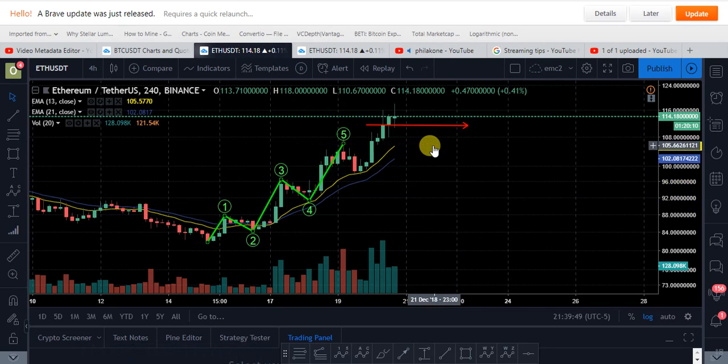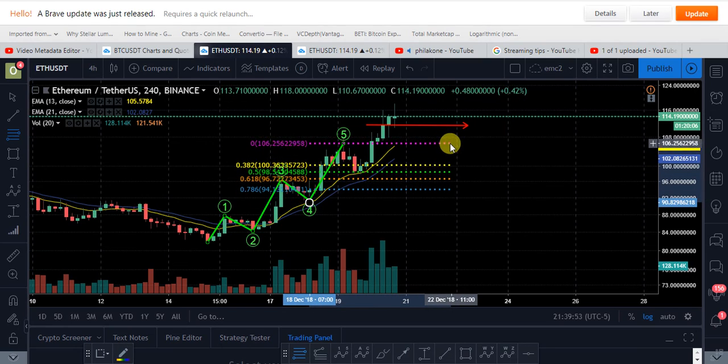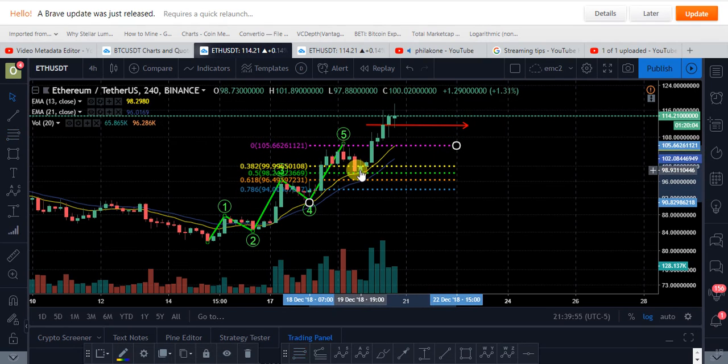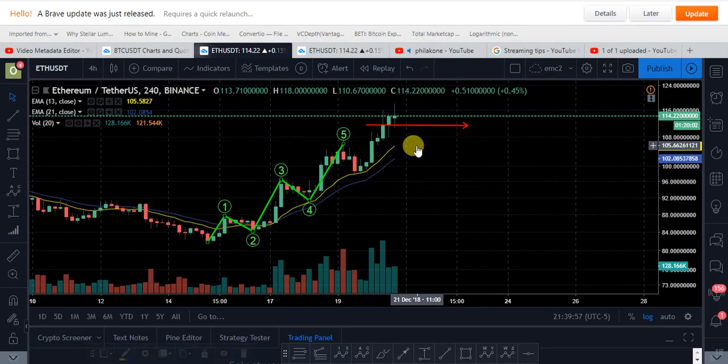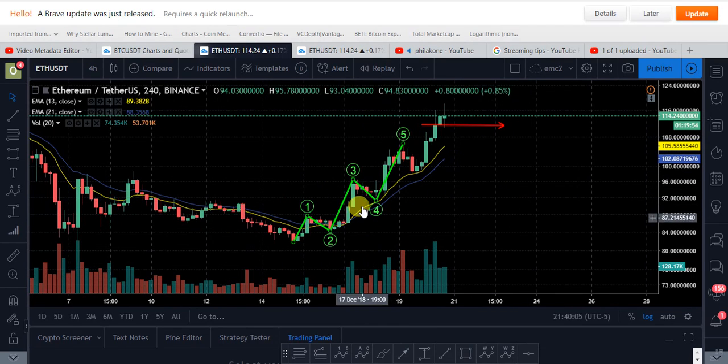So let's just redo it to be accurate. Yeah, 382 to 50%, right? So you can expect at least Ethereum to pull back down to this area of 109 to 110, right? So very soon. And you can also look at this area within the wave right here.